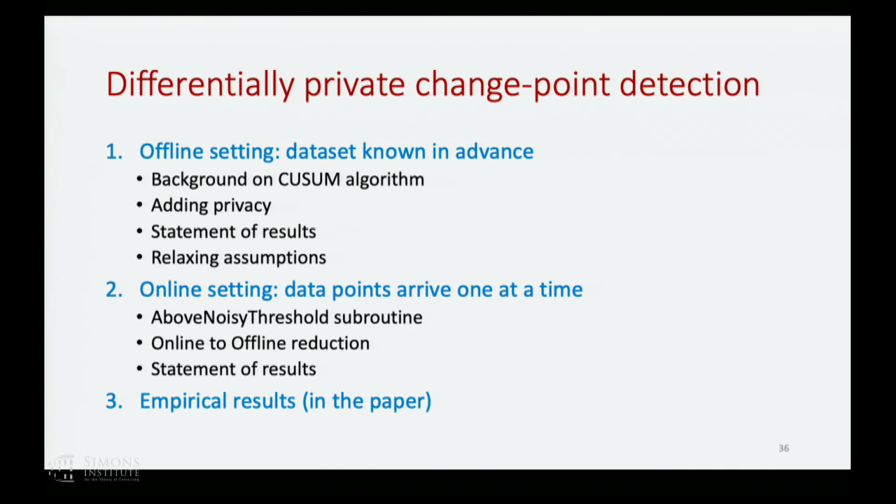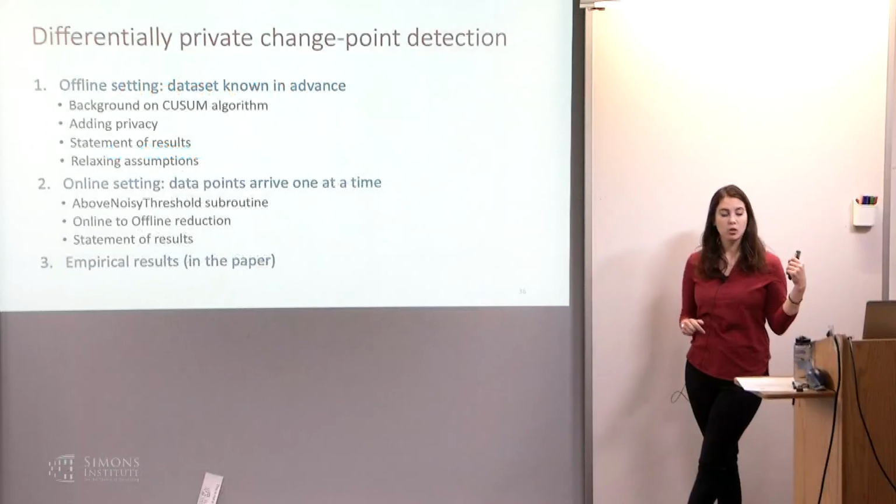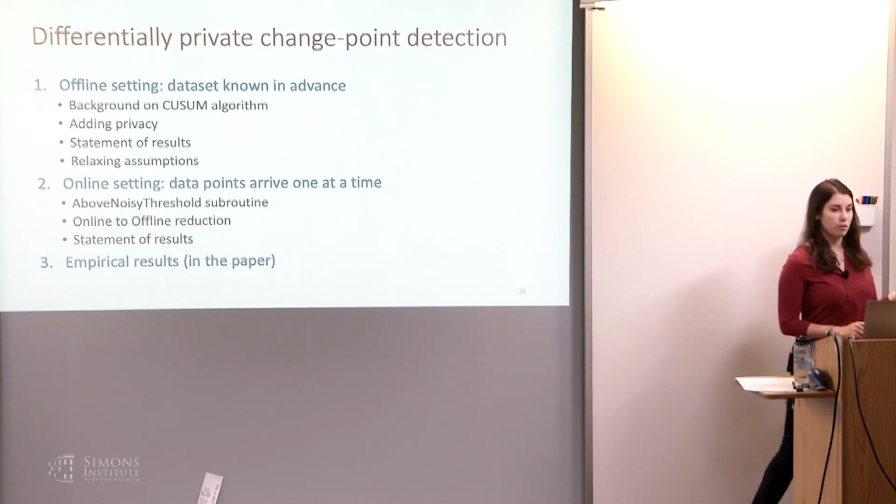I'll just say one thing about the empirical results in the paper. So we first find in fact that our theoretical results appear empirically as well. And we also ran some simulations in the case where we had the wrong belief about how the data points are drawn.